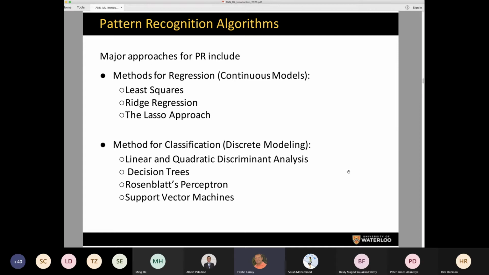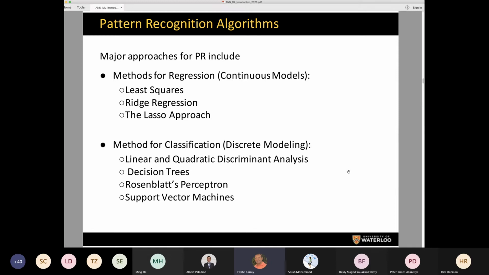So going back to the algorithms, we have algorithms for regression and algorithms for classification. Linear and quadratic discriminant analysis, LDA or QDA, is one particular formal tool that was developed in the 70s to solve a number of classification problems.